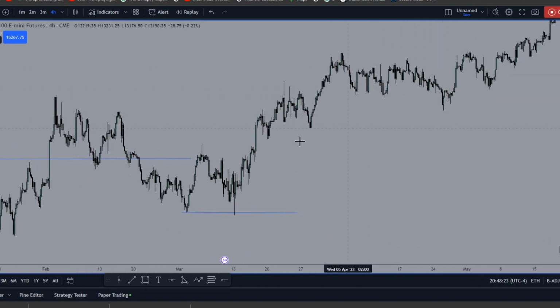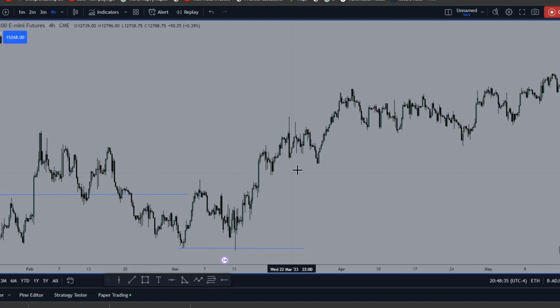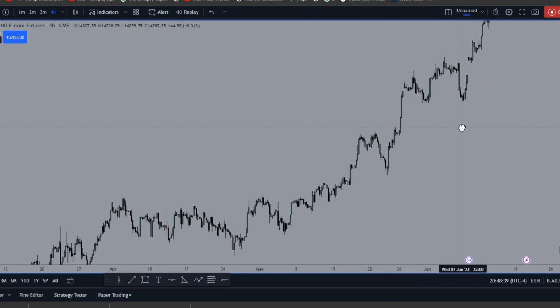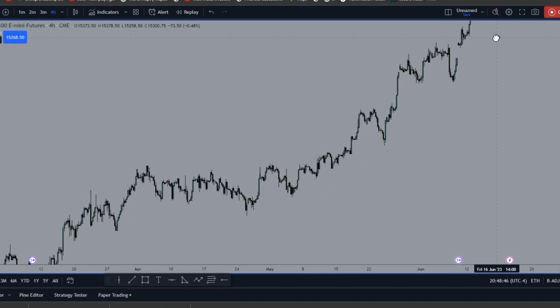So when we're going up like that, anytime after we broke structure and the market looks bullish to you according to your analysis, anytime the market drops, you be looking to buy. Any drop is an opportunity for you to buy, as you can see, until we change character.